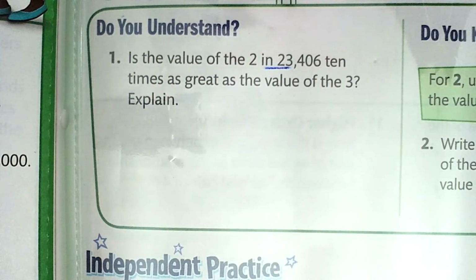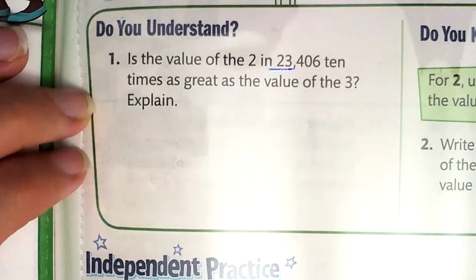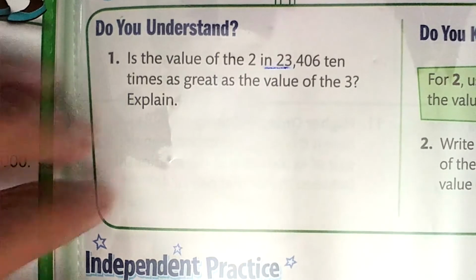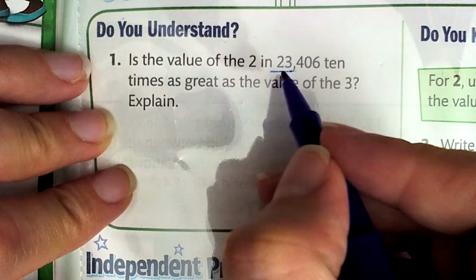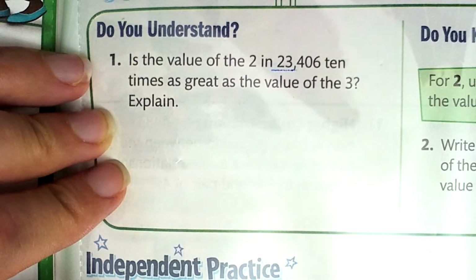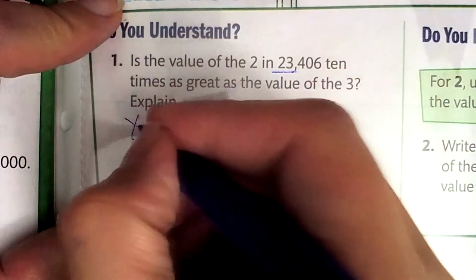So we're looking at these two digits right here. Is the value of the 2 in 23,406 10 times as great as the value of the 3? Now, we know this is in the 10,000s place, and this is in the 1,000s place. So the 2 is 10 times greater. So we're going to say yes.